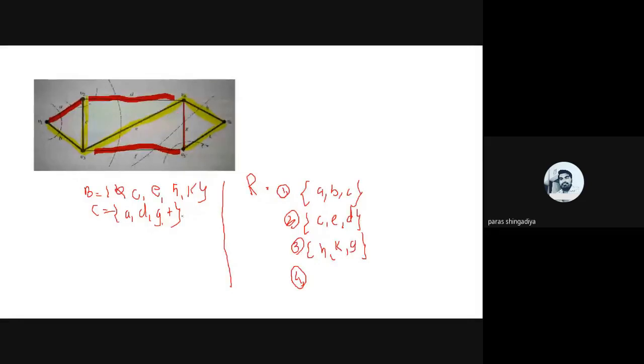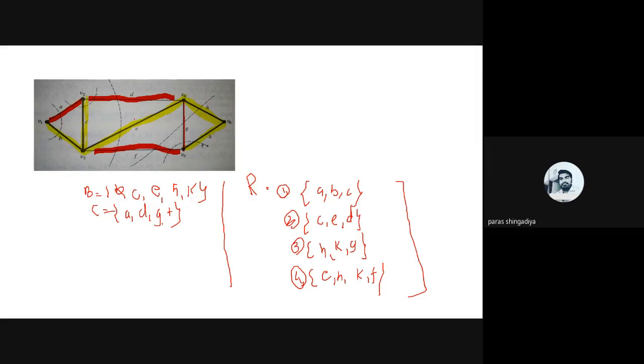So it is one closed walk, and it is one circuit also, which includes E, H, K, and F. E, H, K are the branches of the graph, and F is a chord of the graph. So only one chord is there, and the rest of the edges are branches. So this collection is known as a fundamental circuit.